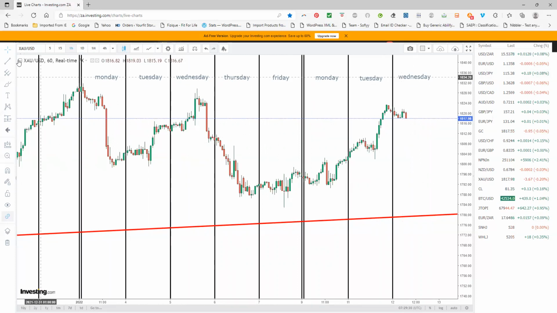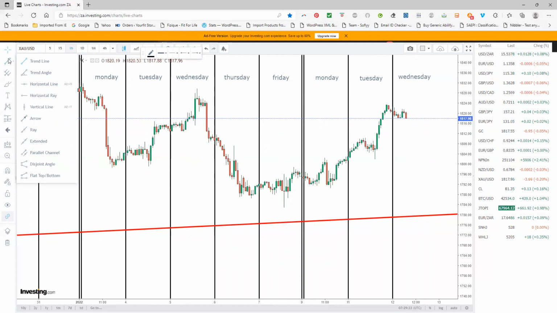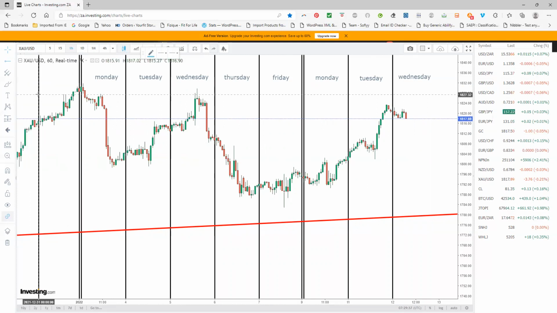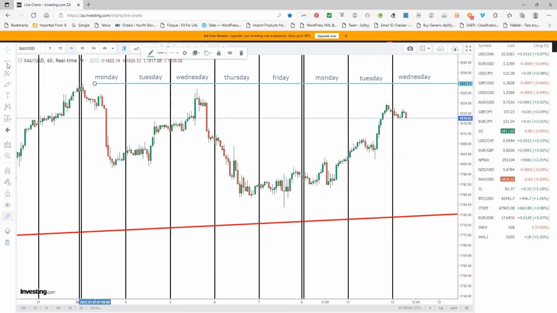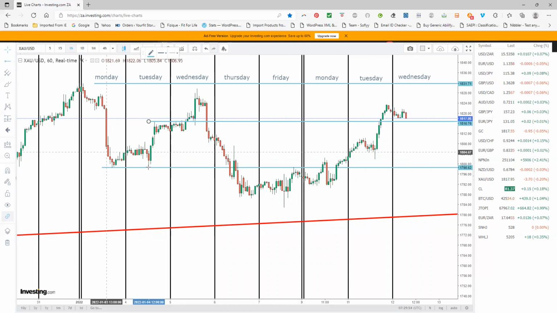So the first thing that I do is create a horizontal line. I create the high of a Monday, and the low of a Monday. I create the high of a Tuesday. See how it hit the low of the Monday?